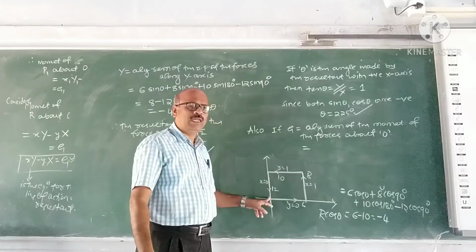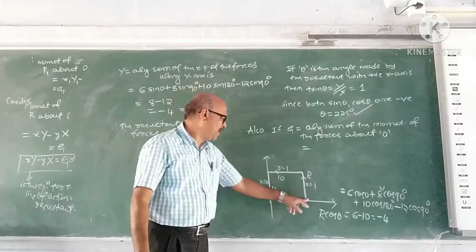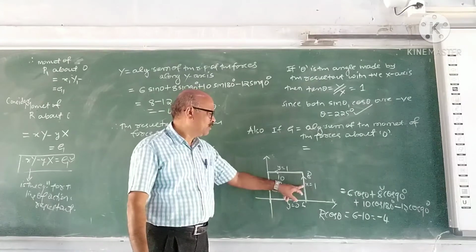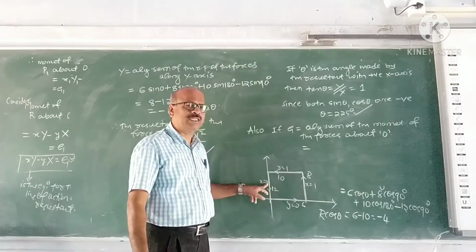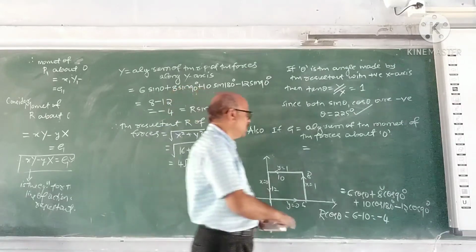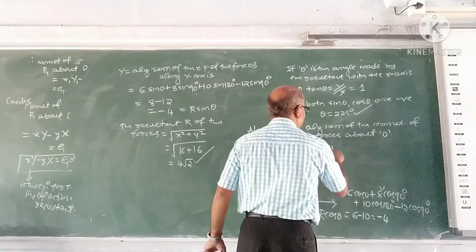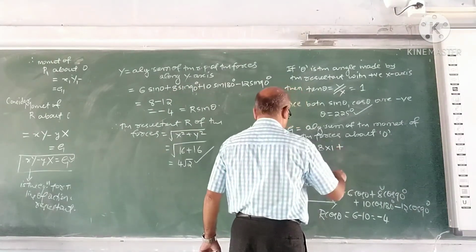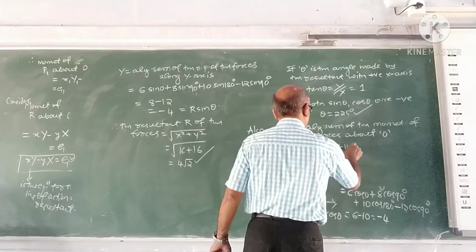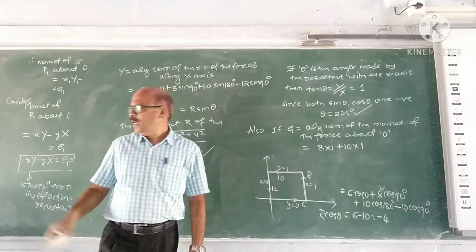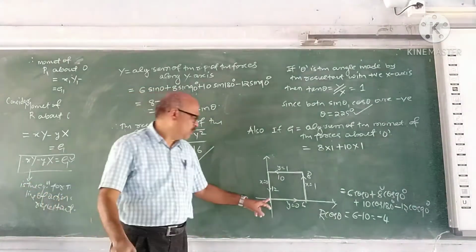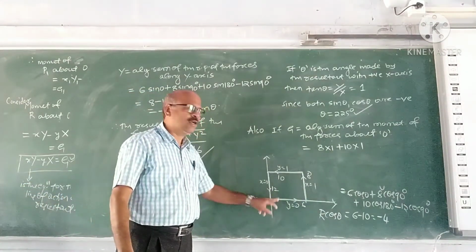Value is 0 because it passes through origin. What is moment of this force 8? Force into perpendicular distance. It is plus 8 into 1 plus 10 into 1. Other two forces pass through origin, therefore moment of these two is 0.